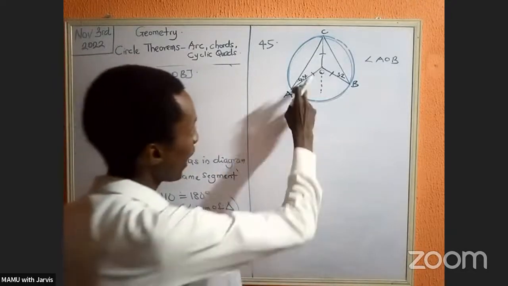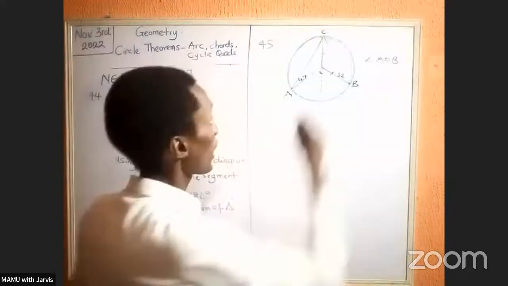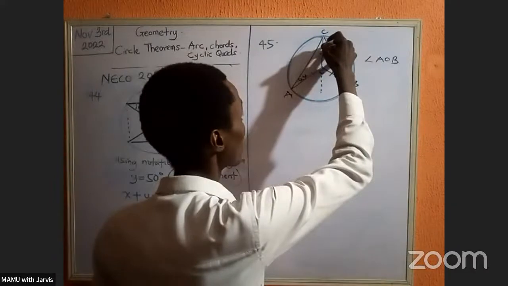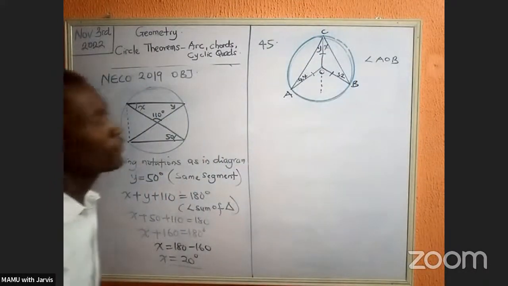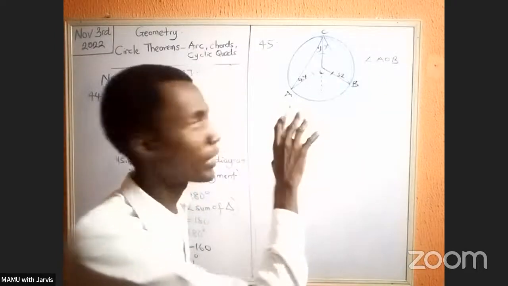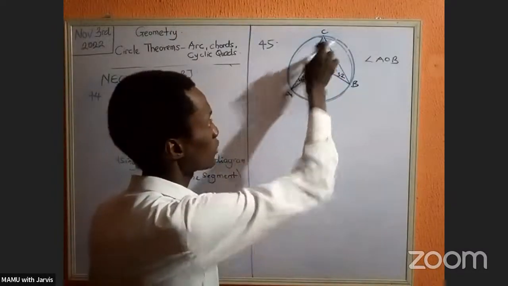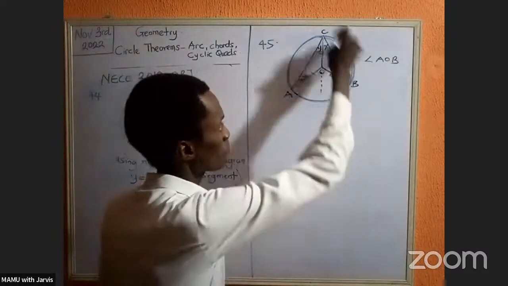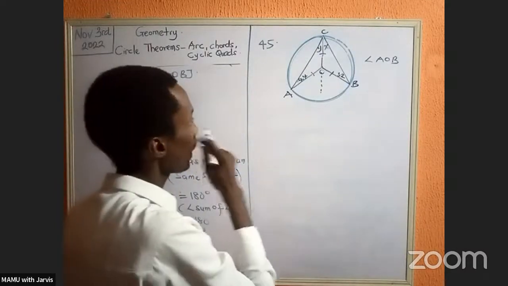So I have 1, 2, 3. Now look at this diagram. I'm going to call this point X and this point Y. Because of the unique arrangement of this triangle now, this is one isosceles triangle, so these two angles must be equal. This is another isosceles triangle, so these two angles must be equal.